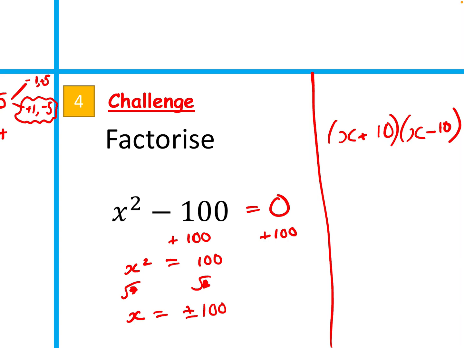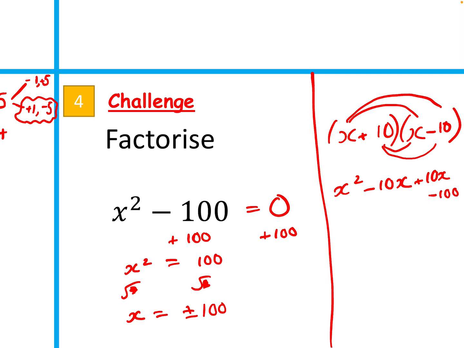Expanding this, I'm going to show you why this works. If I was to expand this using FOIL, I get x squared, then outer I get minus 10x, then inner I get 10x, and last I get minus 100. I'm going to have to put that on the next line, I've run out of space there.